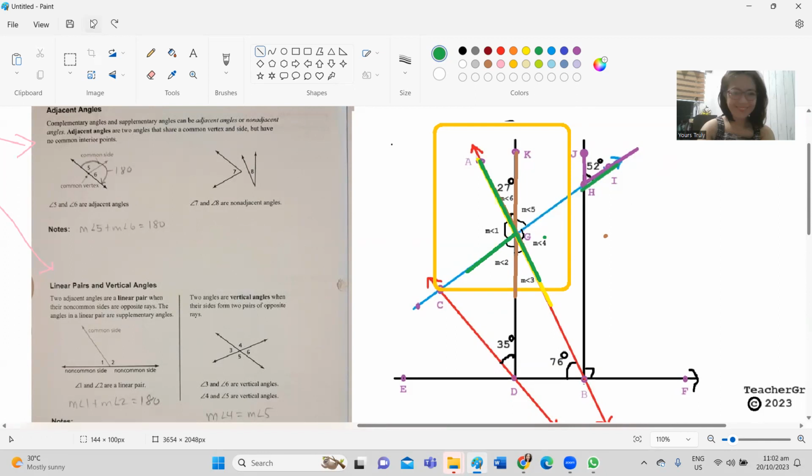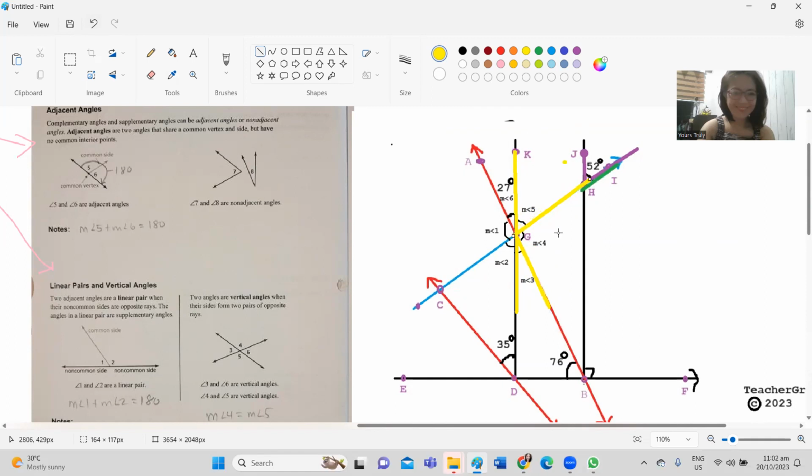But you have to remember, look at this. This angle K and this one could not be a vertical angle. Why?